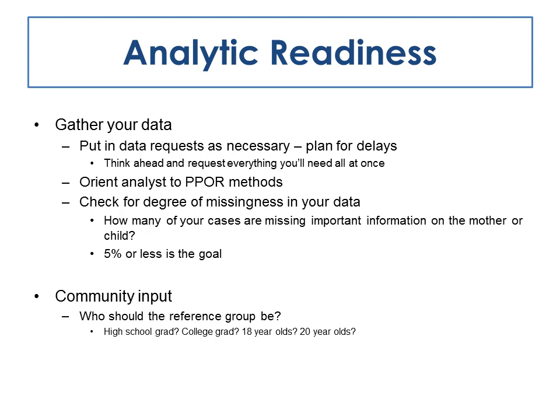Like, are you missing a lot of information on mother's education? Because that would be important when it comes to creating your reference group, right? It would artificially lower rates if you have to eliminate a bunch of cases due to missing education information. And so ideally, 5% is the bar that we have for degree of missingness.